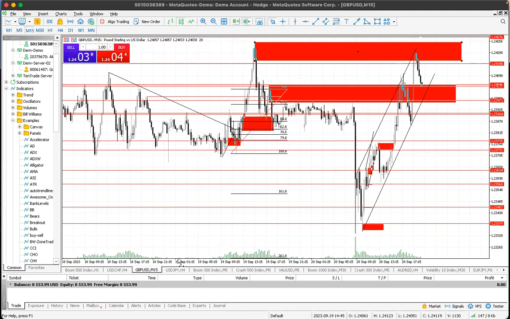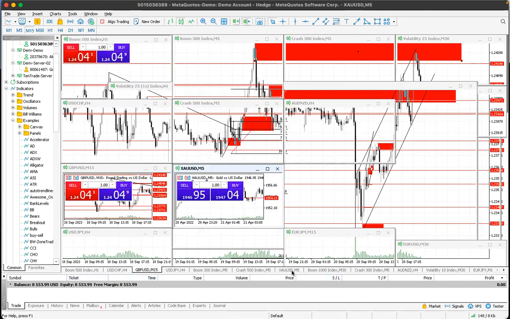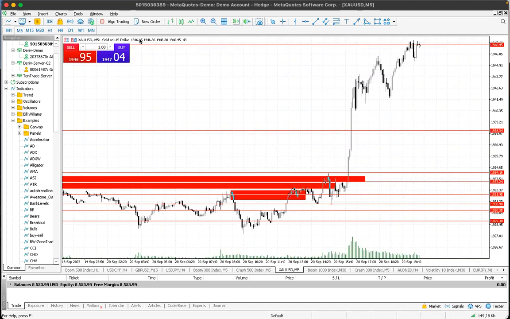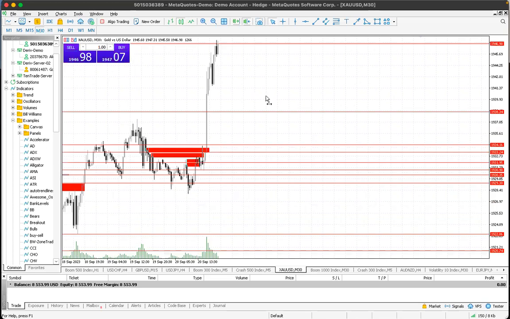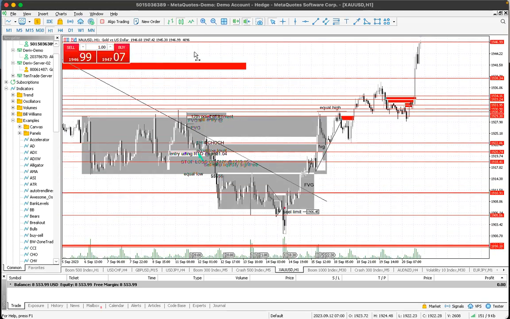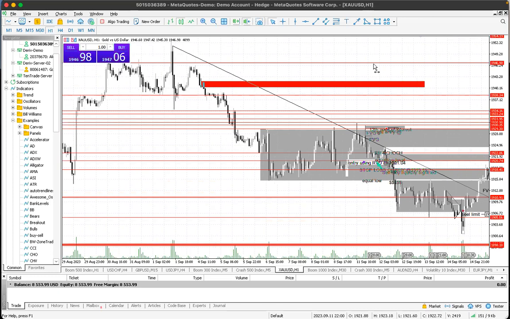So I should have actually even used this one in the first place. Then we have our good. Switching to a higher time frame. Let me see what it's doing. It's above here.